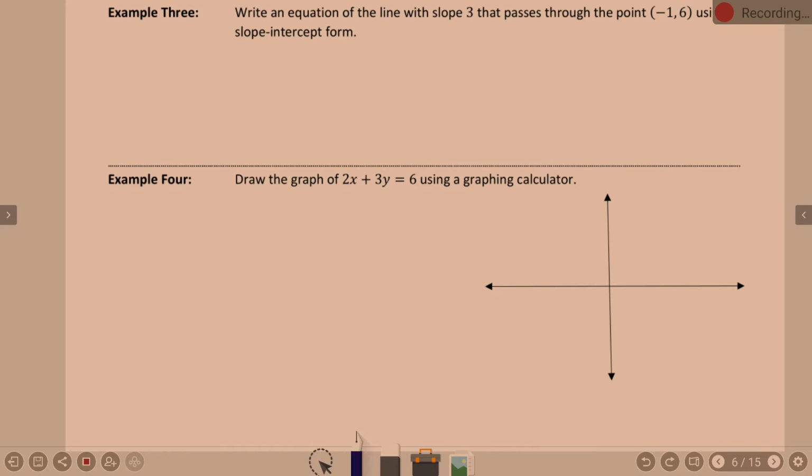Okay. I'm actually going to show you 2 ways we can do this. So slope-intercept form is y equals mx plus b. She says we're going to use that. What do we know?